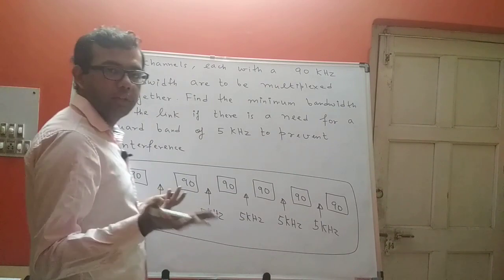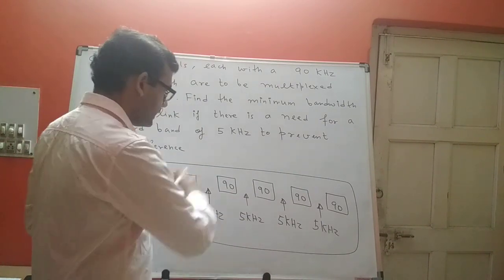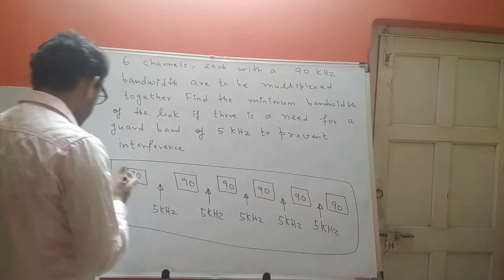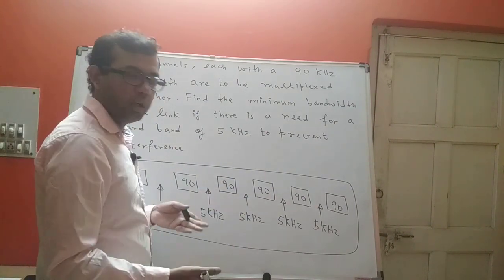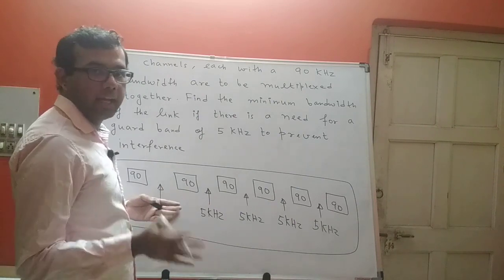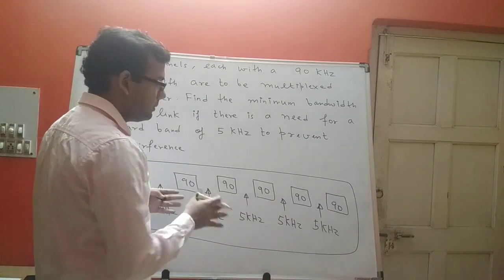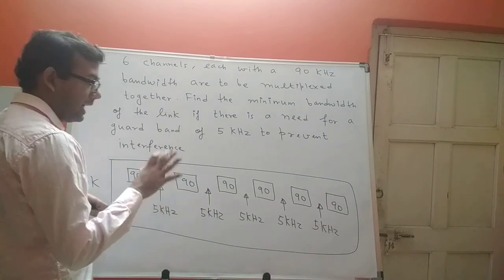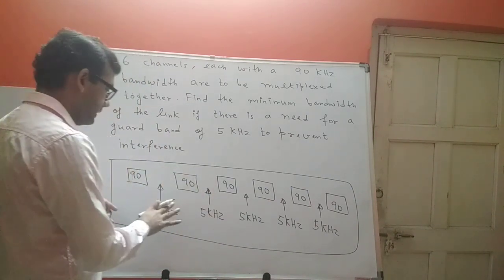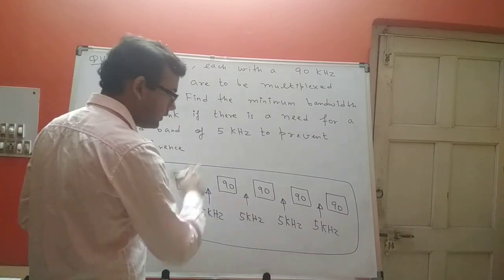The bandwidth of the link should be a minimum of the sum of these values, because if the bandwidth is anything less than this, you will have to compromise on one of these things, and in that case your transmission will be hampered. So the bandwidth of the entire link should be at least the same as the sum of these bandwidths.